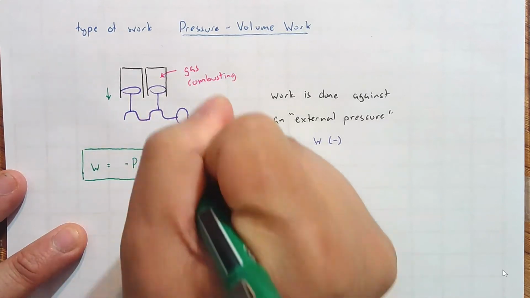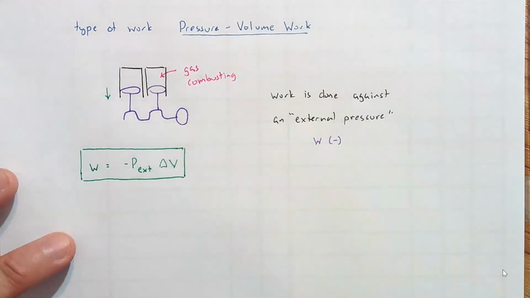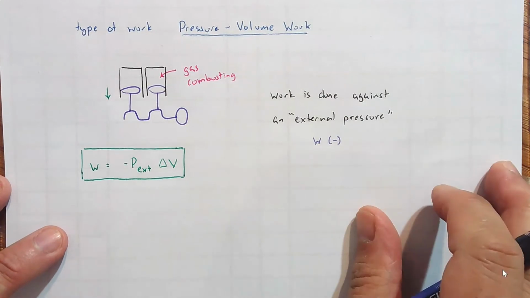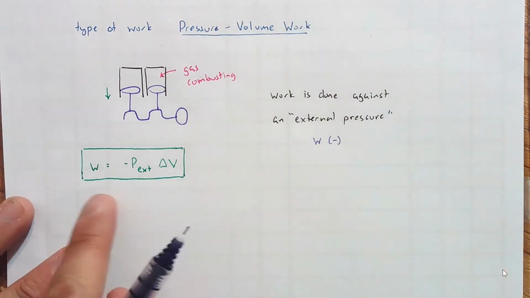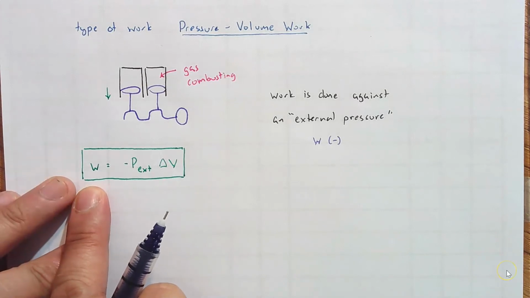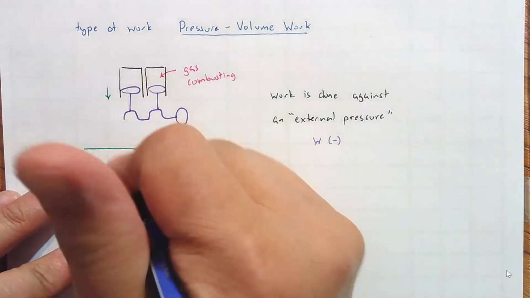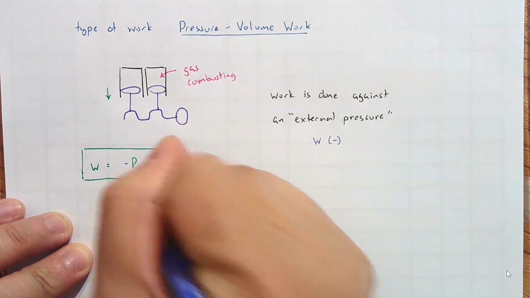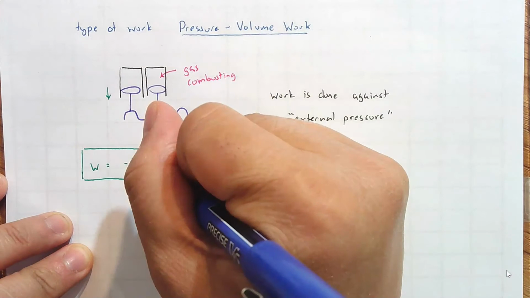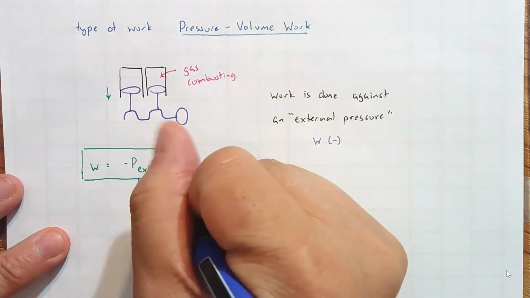What's interesting about this equation, though, is that at this point, you may be used to energy in joules or kilojoules or even calories. But work has energy units, while pressure is typically in atmospheres and volume is going to be in liters.